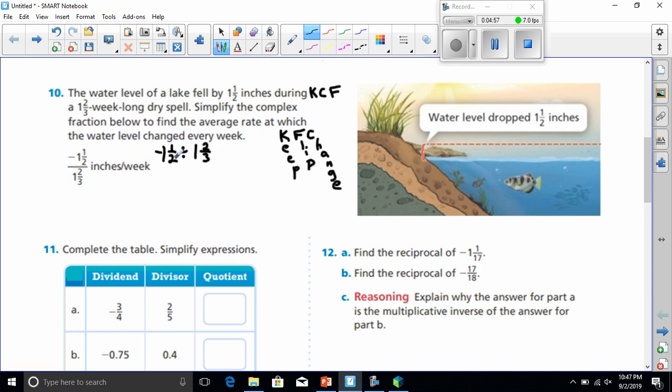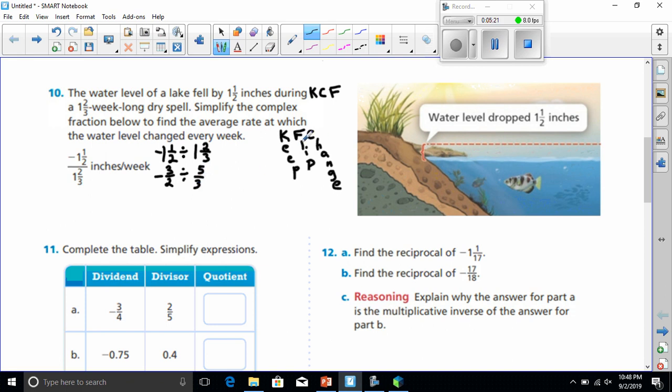So this is going to be 2 times 1, that's 2, and 2 plus 1 is 3. So this is actually going to be negative 3 over 2 that we're dividing by. 3 times 1 is 3, plus 2 is 5. So this is going to be 5 over 3.